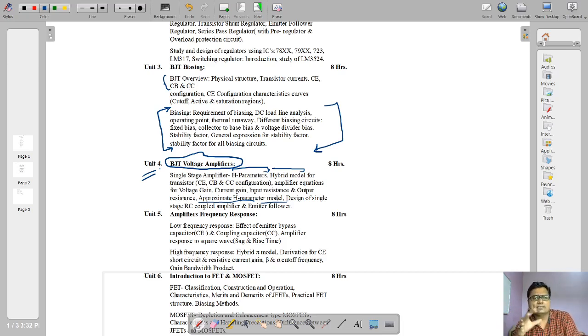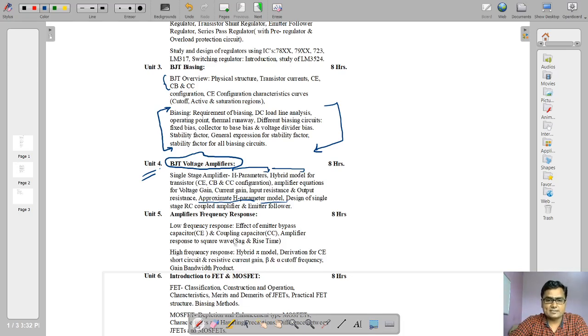Whatever theoretical things are there with the BJT amplifier or the H model, not all are useful practically. Some things are not feasible, so to go for a practical with BJT amplifiers, I compulsorily have to use the approximate model. Why this approximate model is useful, you will learn when we start with voltage amplifiers.